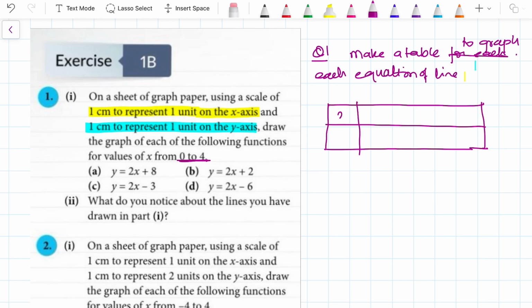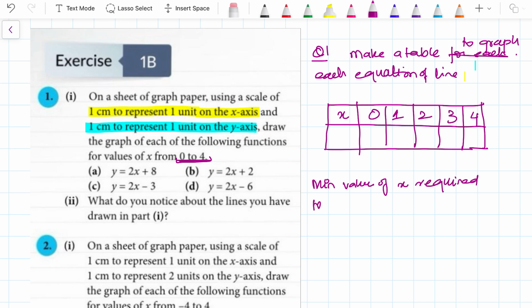They're saying you have to take the values from 0 to 4: 0, 1, 2, 3, 4. The minimum values of x required to graph a line are 3. Maximum are as many as you want. 2 are more than enough, but 3 to get more clarity. But 4, 5, 6 is also enough.